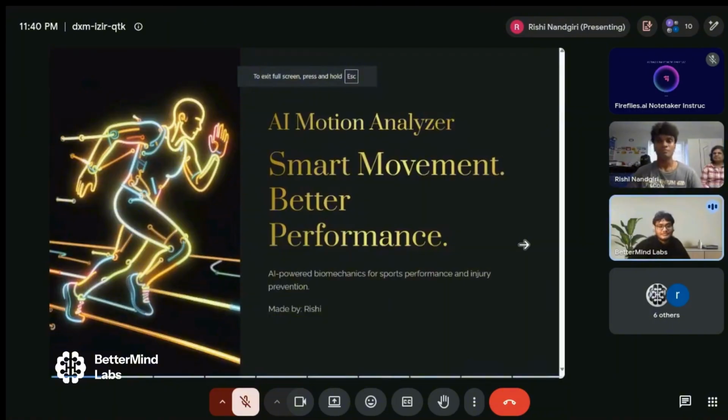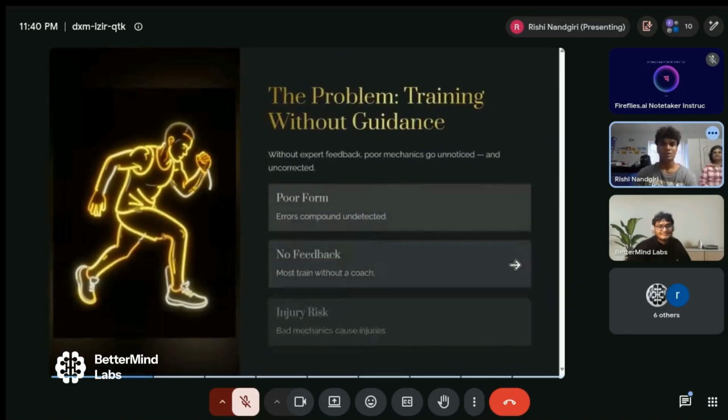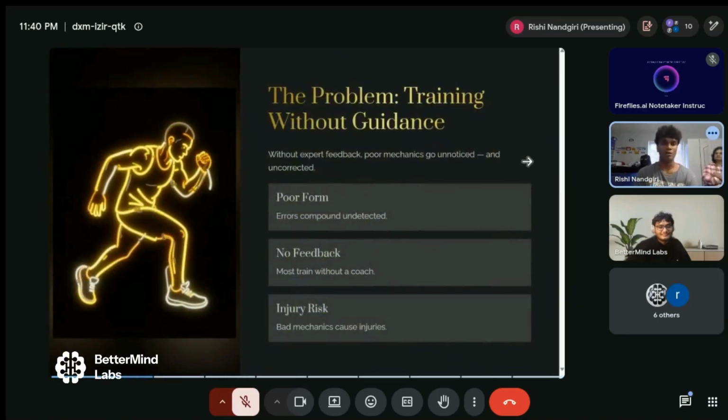Yeah, please start. So my team and I made an AI motion analyzer. The problem all of us saw was that a lot of athletes and people in general have poor form.